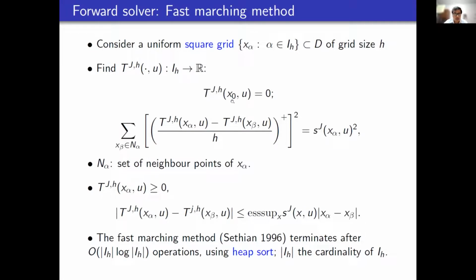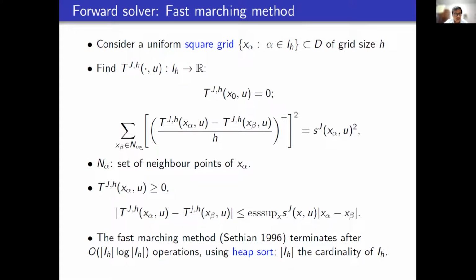So this is a sort of point, and this equation is just a discrete form of the forward eikonal equation. So what you see is that for each point inside the set at which we want to solve for, we want to find a solution of the forward equation. Here N is just the set of all the neighbor points for this point.